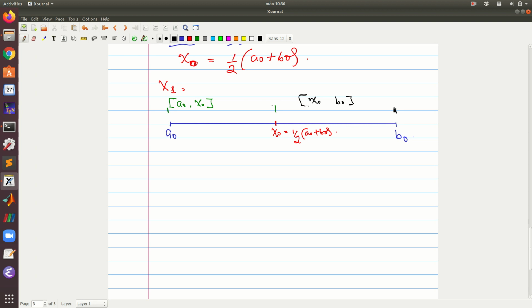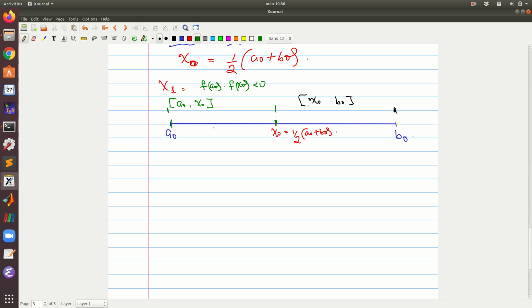Now, to check where it lies, we will compute f of a0 times f of x0. If these are of different signs, i.e. less than 0, then we know that the root lies in this interval here.